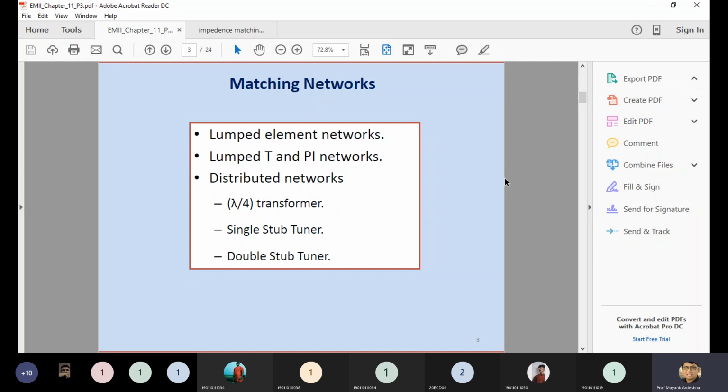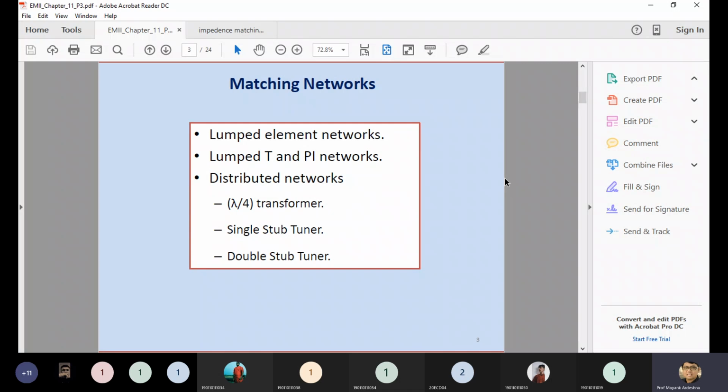We insert the RLC, but you should know what the connection is between them. Is R in series or in parallel, L or C in series or parallel connection? Any possible combination should be tried to find the matching, and the values of these R, L, C are very important. Based on the Smith chart, you can also find the values of the lumped elements required for the matching network.